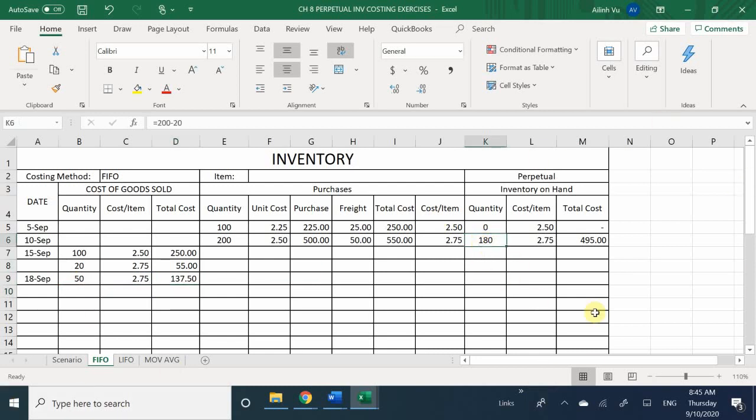So I'm going to go in here and enter my calculations, and I should get 130, and it should cost me that much, 357.50. Right?